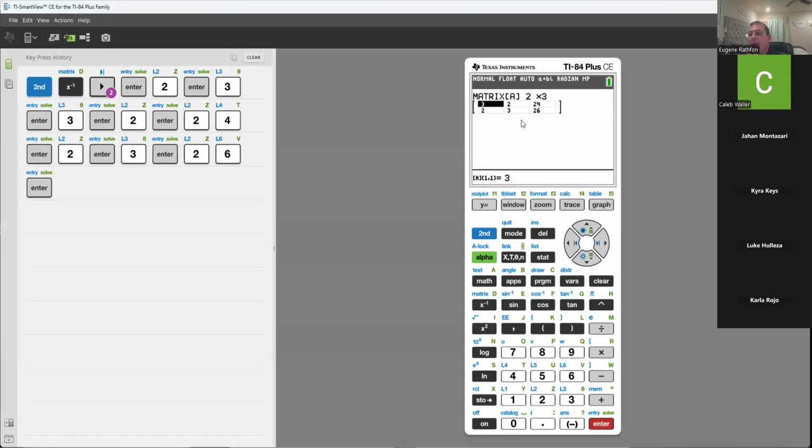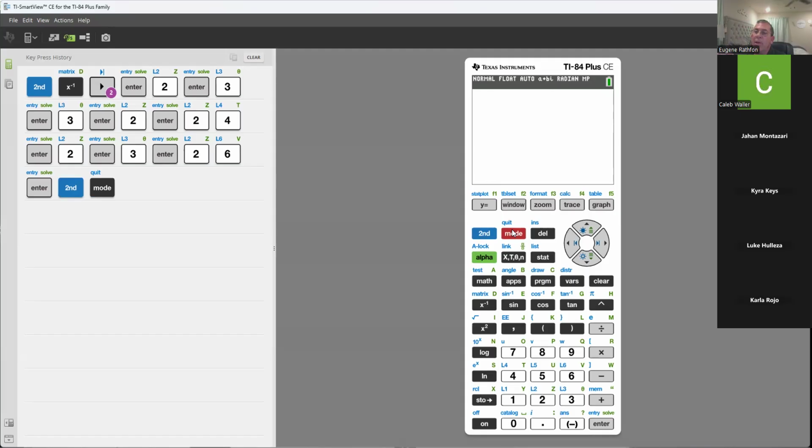But now we have our system of equations written as a matrix. So I'm going to quit the screen by hitting second and the mode button right to the right of it. So second mode, we quit that screen. All righty. Now the matrix is in there.